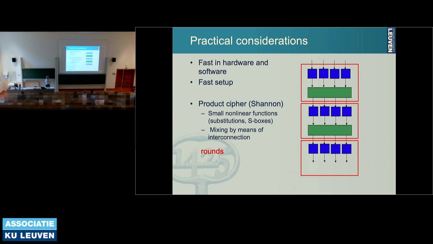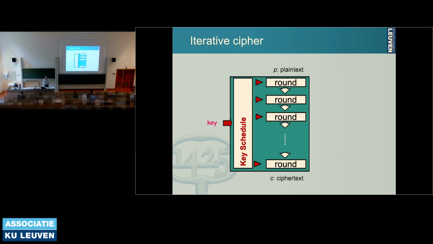Every application of the blue boxes and the green diffusion layer is called one round. That's why modern ciphers have 10, 12, 14, 16 rounds, which just means keep on repeating this product cipher until you get something that no one knows how to break anymore. That's what we call nowadays an iterative cipher. We have the plain text coming in, we have rounds, and we have the ciphertext coming out.